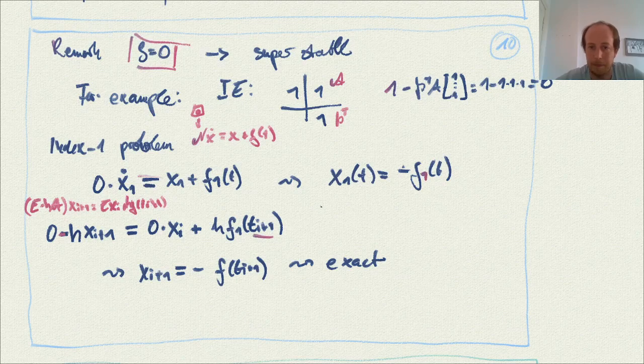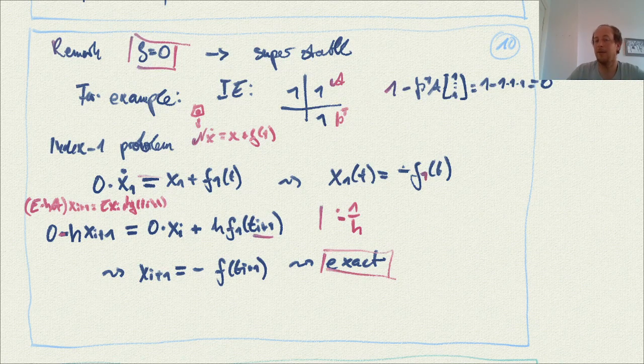We multiply with 1 over h, and then maybe with minus 1 over h, and then we get x_{i+1} as f of t_{i+1}. Comparing this to that, we just see that this is an exact integration.